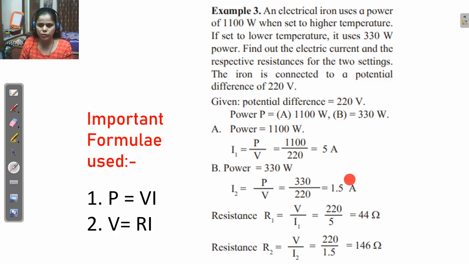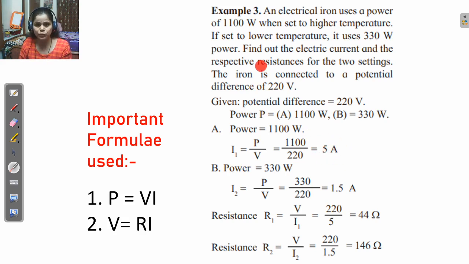Here current is 1.5 ampere. So our question is find out the electric current in both cases. So in a first case the electric current is 5 ampere, and in a second case the electric current is 1.5 ampere. That means in a second setting, the current is lower or less than in a first condition when temperature is high.